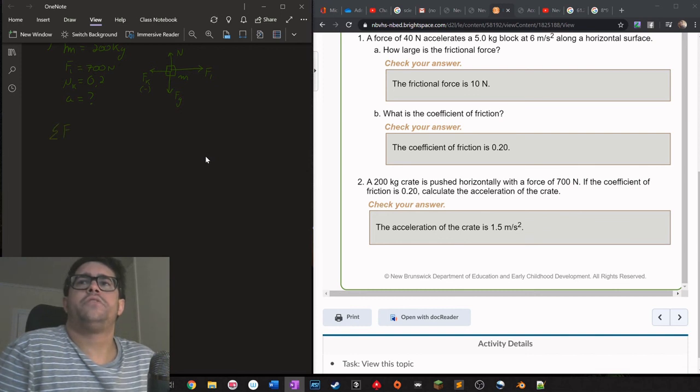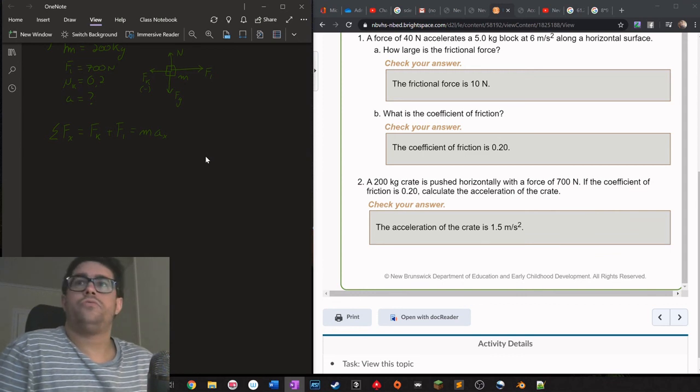Always start by summing up the forces in X and Y. In X, we got Fk and F1. Is that equal to 0? No. So we'll keep ma and we'll label ax.